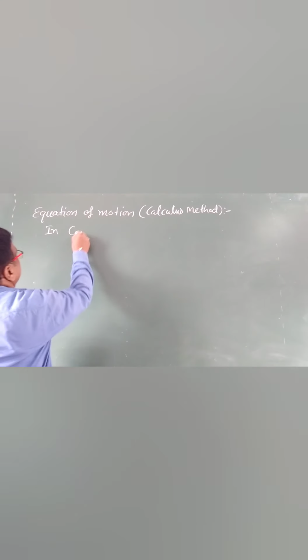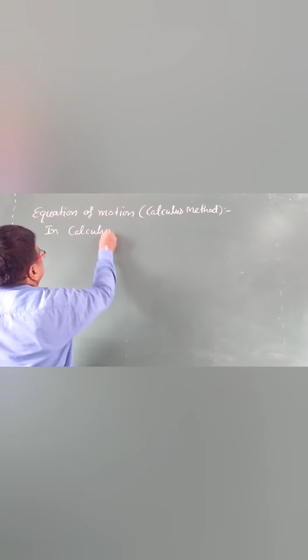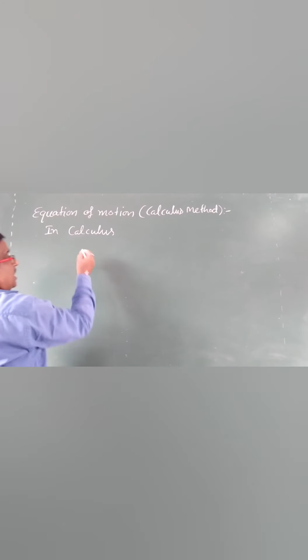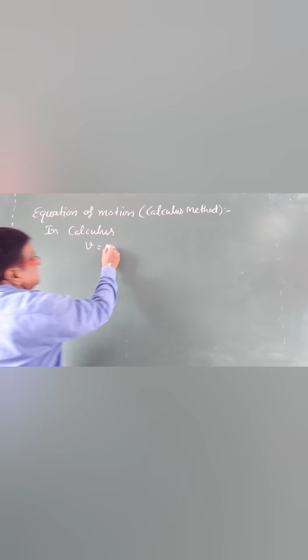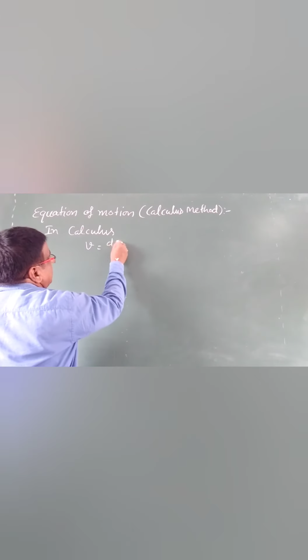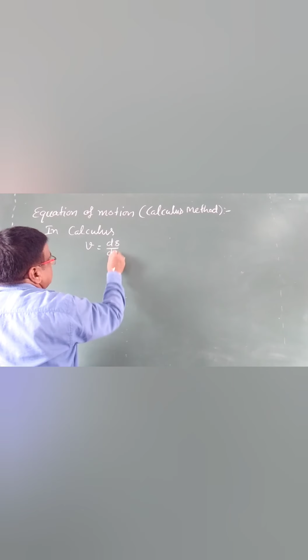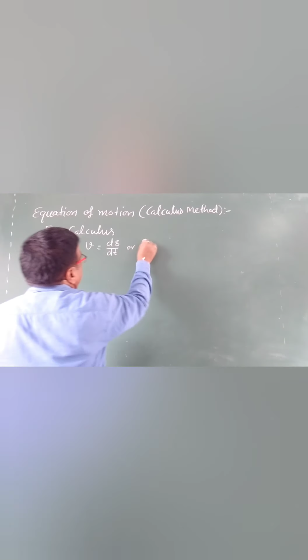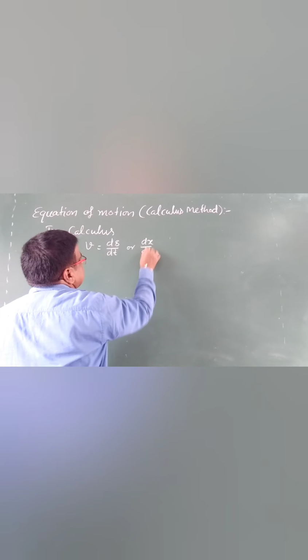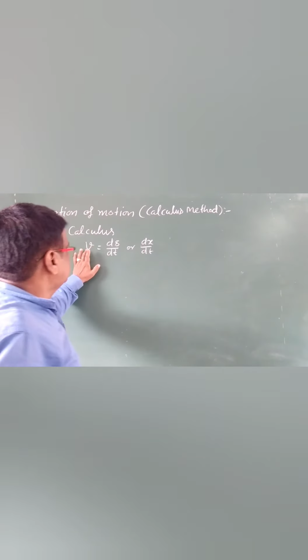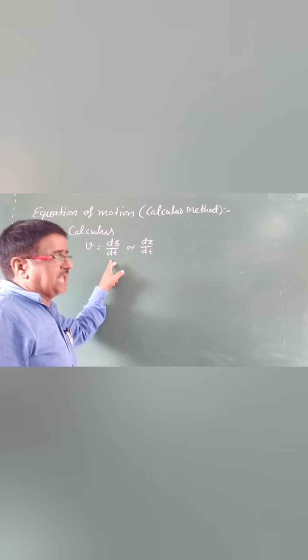So in calculus, velocity is given as ds by dt or dx by dt. This is just like velocity is equal to displacement by time.